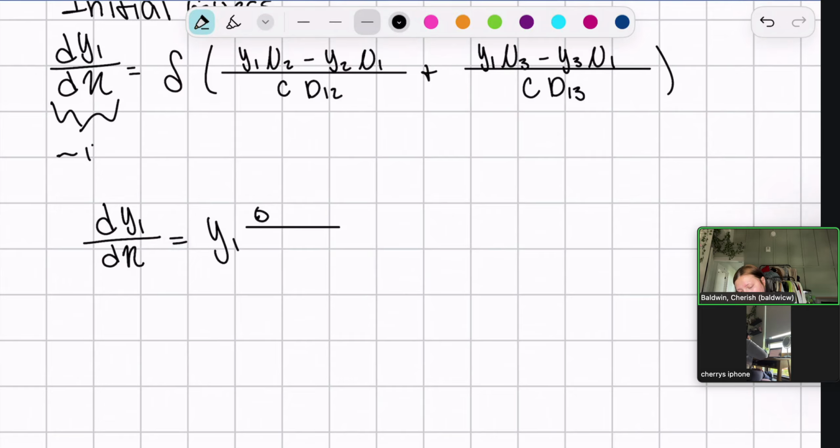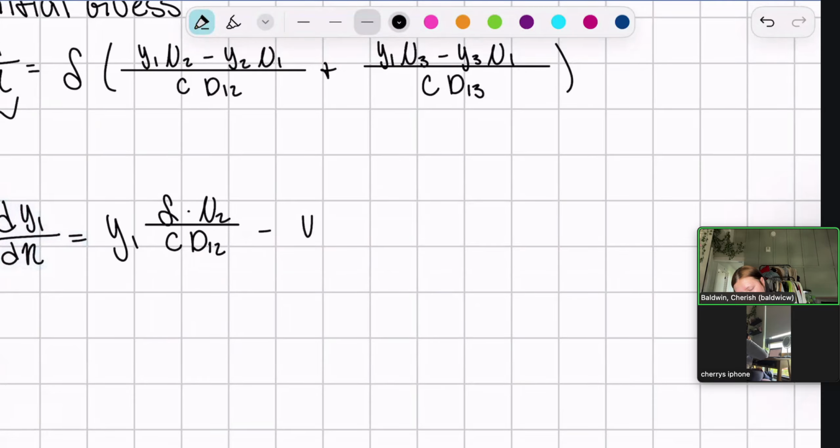We're going to do the two blanks times the molar flux of methanol over concentration times the diffusion coefficient of 1 to 2, minus the mole fraction of methanol times the tube length times the molar flux of acetone over the concentration times the diffusion coefficient of acetone and methanol.